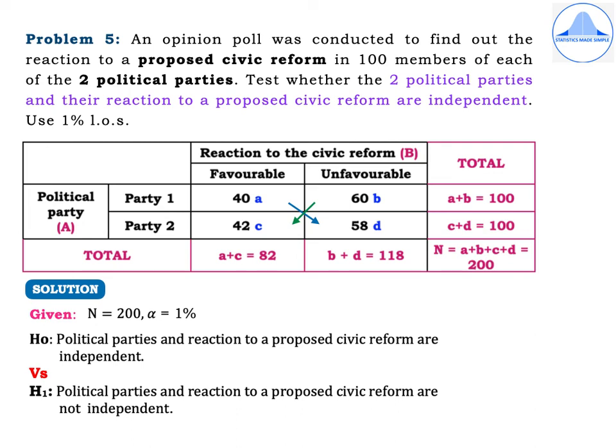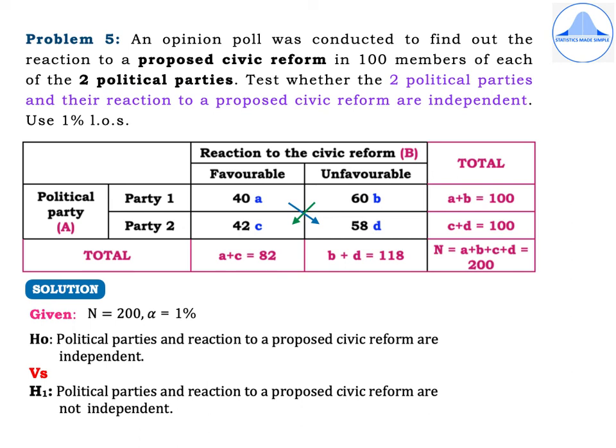The political parties are party 1 and party 2, and then we have a reaction to the civic reform. So you have persons who are favoring the civic reform and those who are not favoring it. Corresponding to party 1, the cell frequencies in that row are 40 and 60, and corresponding to party 2, the cell frequencies are 42 and 58.